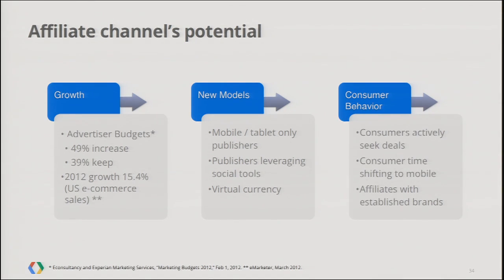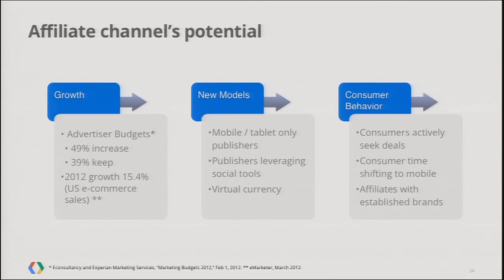And the one thing that isn't going to change is that consumer behavior has changed. Consumers are more deal-oriented, are looking for deals, and are looking for more recommendations and more decision points before they make a purchase, whether it's even offline. Affiliates have a really strong role to play here, and that's not going to change and will only get stronger with time.